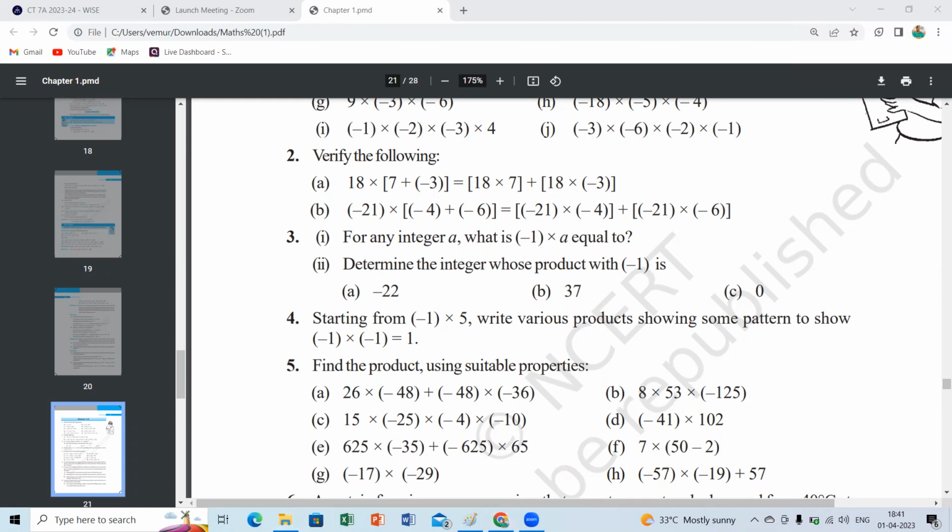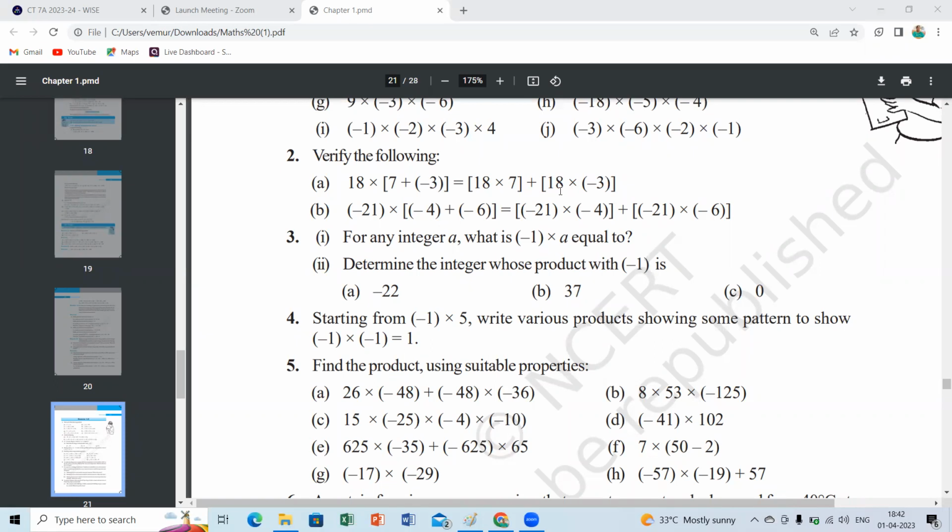Varshit? Yes, ma'am. LHS is equal to 210, ma'am. Very good. RHS? It is also 210, ma'am, positive. Very good, Varshit. Wonderful. Anubhav is not answering. Ma'am, LHS, I think it will be negative 210. No, it's positive 210.